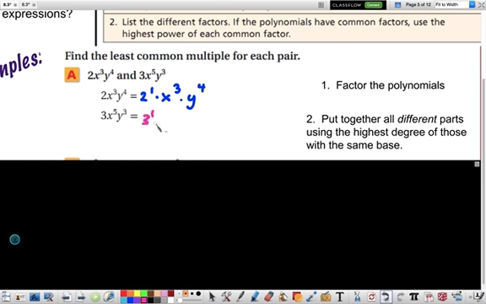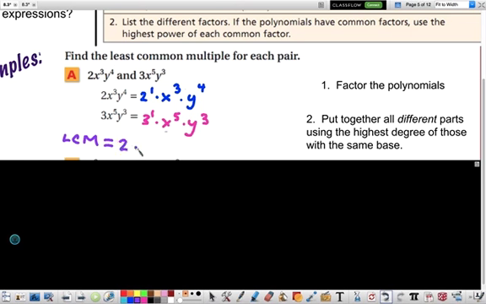So it's 3 to the power of 1 times x to the power of 5 times y to the power of 3. So if you want your LCM, your least common multiple, then what you do is put together all the different parts.